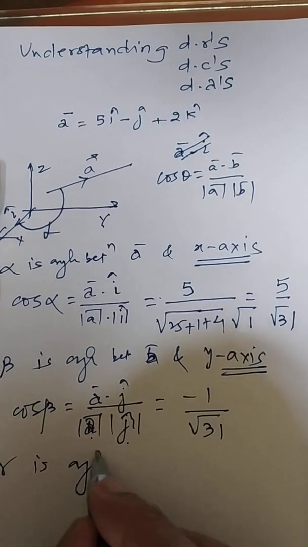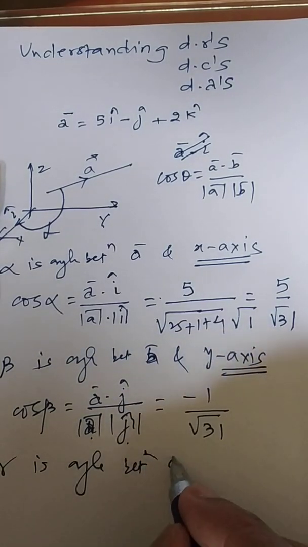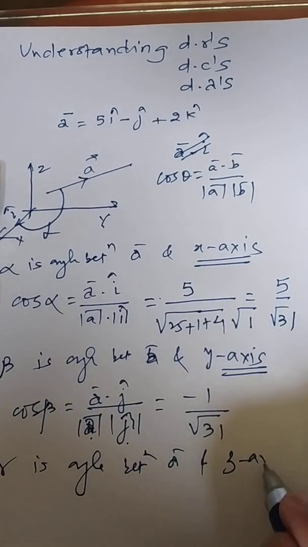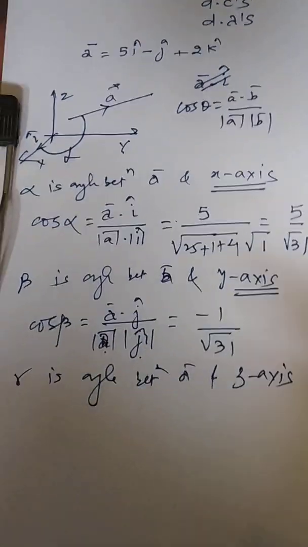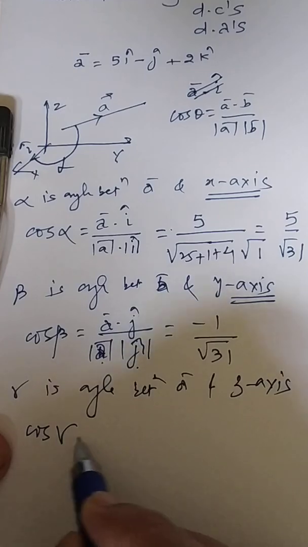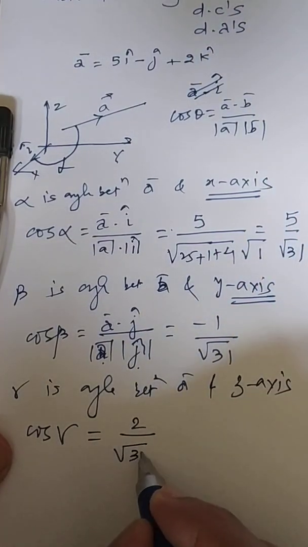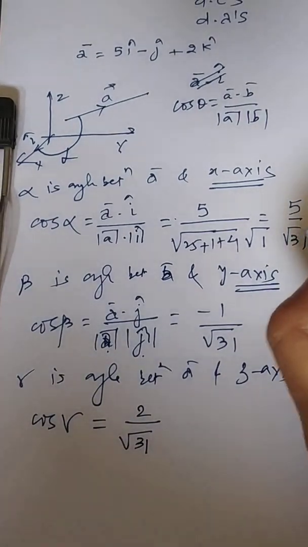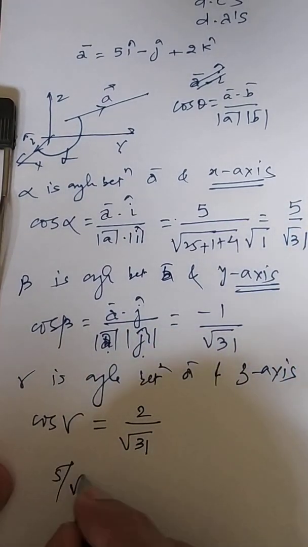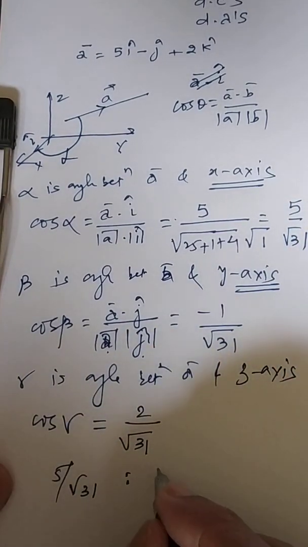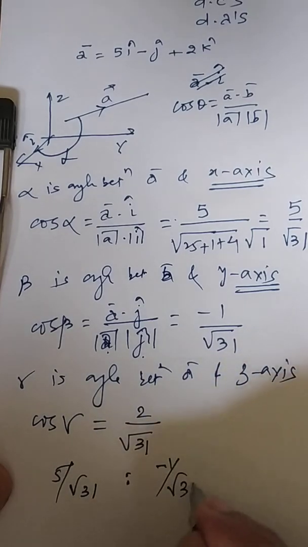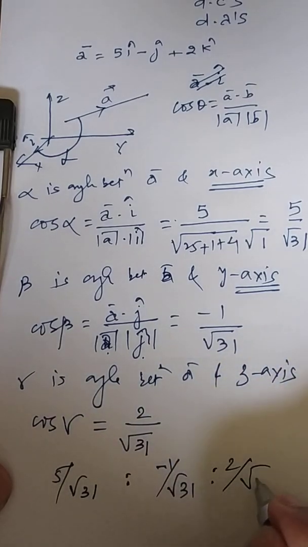Gamma is the angle between vector A and z-axis. So you will be getting cos of gamma is equal to the k component upon root of 31. So whatever answers you are getting, it will be 5 by root 31, minus 1 by root 31, 2 by root 31.